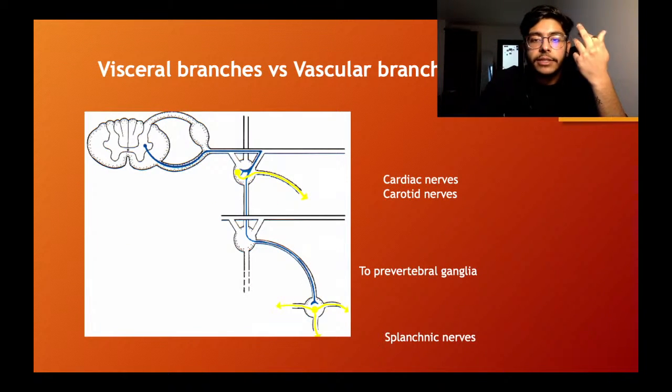These are the visceral and vascular branches, like the cardiac nerves, carotid nerves, prevertebral ganglia going to splanchnic nerves, etc. So I'm just touching a little bit on the anatomical perspectives of the sympathetic nervous system, so that you can understand that the thoracolumbar system is sympathetic, and the craniosacral, involving the cranium and the sacral plexus, is parasympathetic.